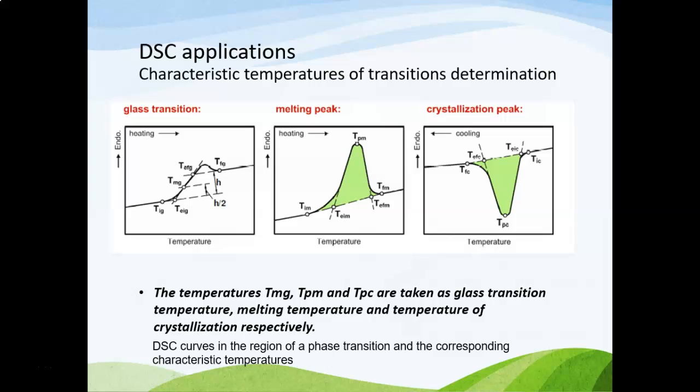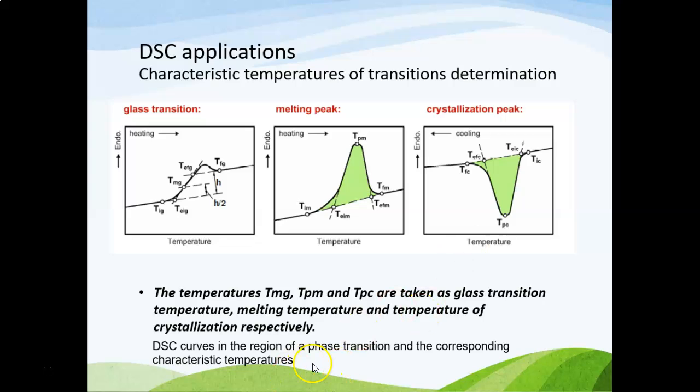Now we look at DSC applications. First, we can use DSC to determine characteristic transition temperatures. The transition temperatures plotted here are Tg, which is the glass transition, Tm, which is the melting temperature, and Tc, which is the crystallization temperature.